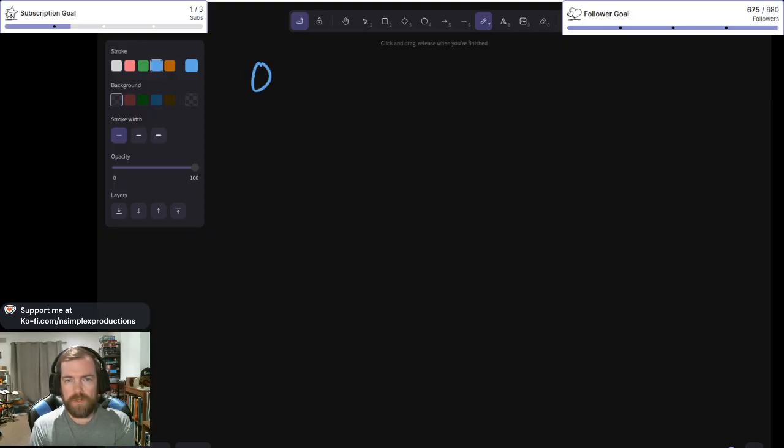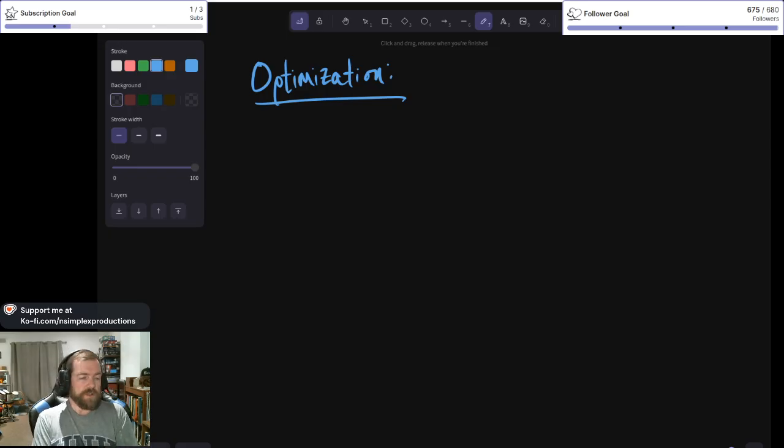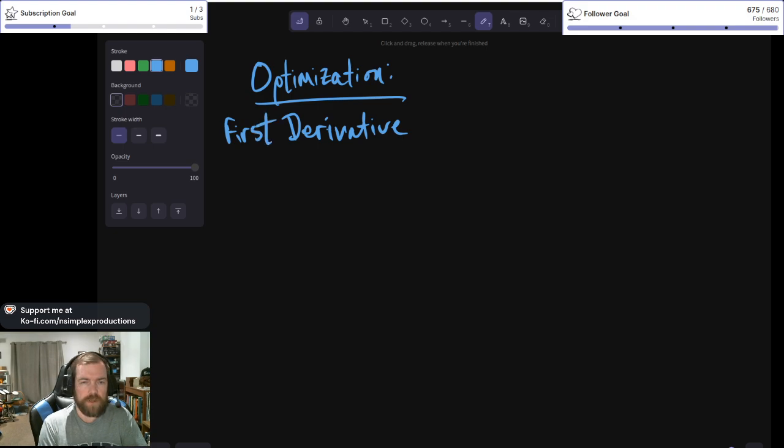Okay, so with optimization problems, we said that basically the first thing that we're going to be looking for is the first derivative of a particular function.